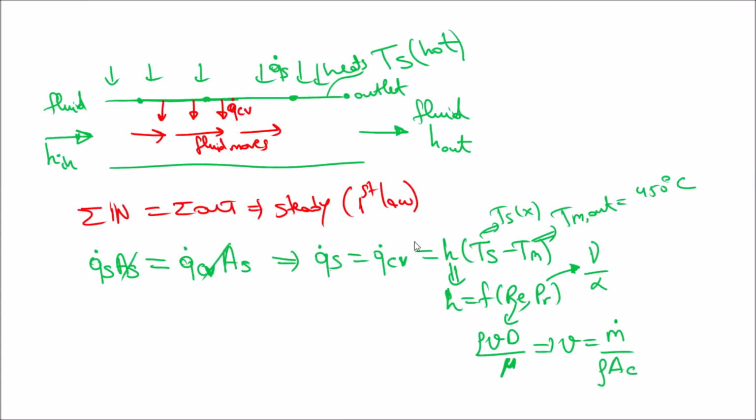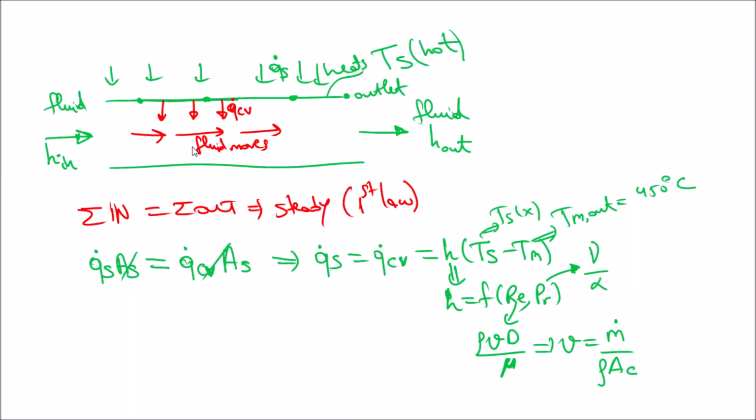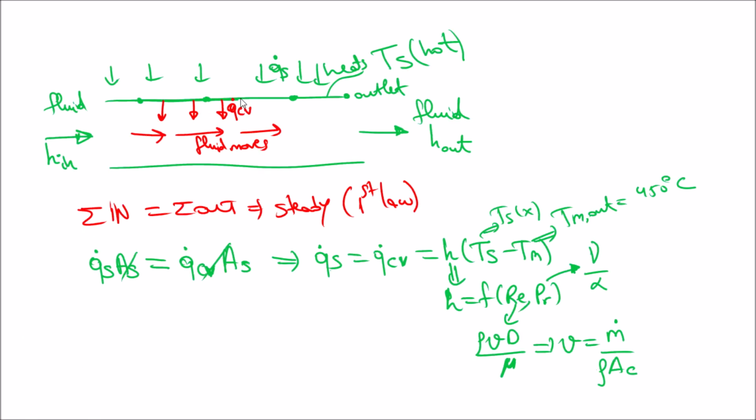Now comes the second part. It says to find the required length and transferred heat to the fluid. So now I should apply the energy balance again, but now you have heat into the system, that is convection inside the system. That convection heat transfer changes the enthalpy of the system.